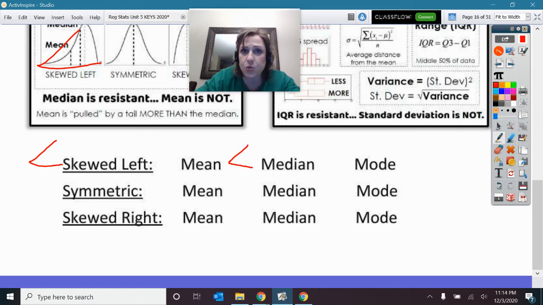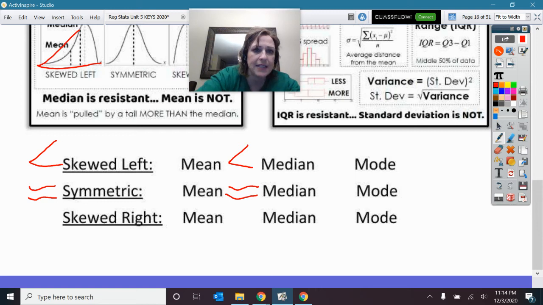Mode is in there as well, but we typically don't see that criteria in our information. If the data is somewhat symmetric, then our mean is going to be pretty close to that median. It's usually within 1, maybe 2 points, and how close it is depends on how big the data is. Is this from 0 to a million? Then being pretty close might even be 100 apart from each other.